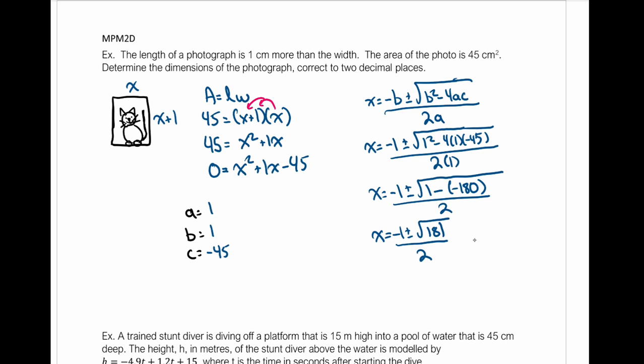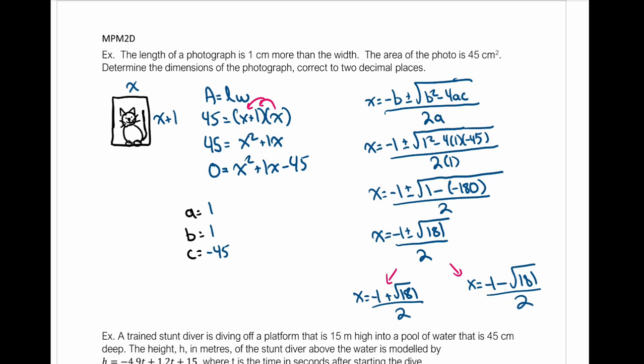Here, I can split it off into two parts. x equals negative 1 plus the square root of 181 divided by 2, and x equals negative 1 minus the square root of 181 divided by 2.